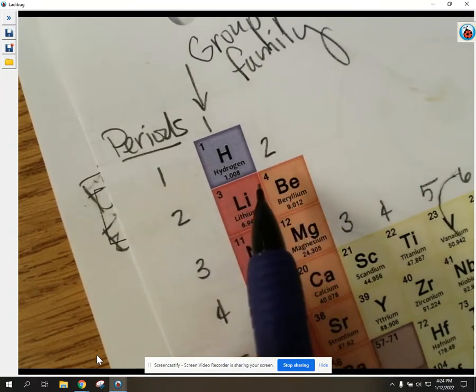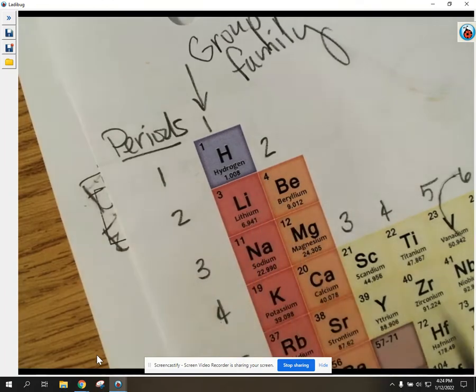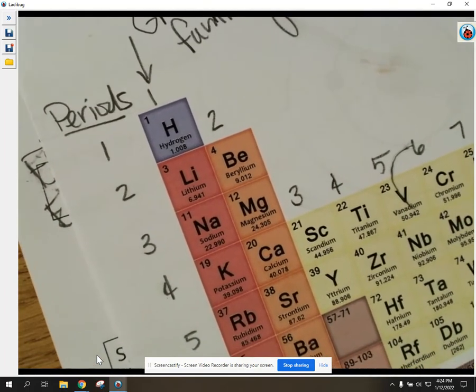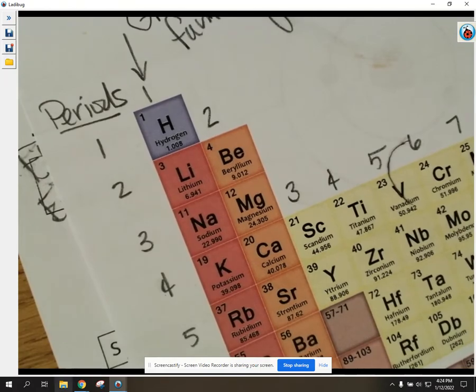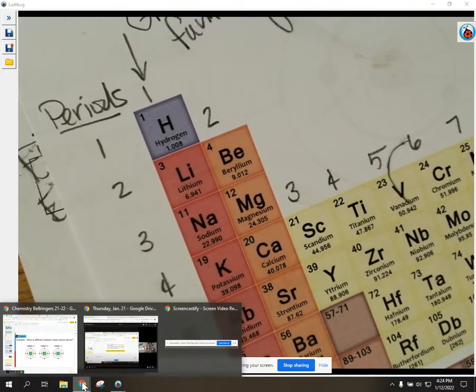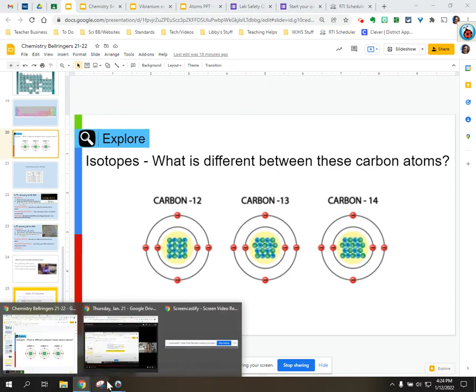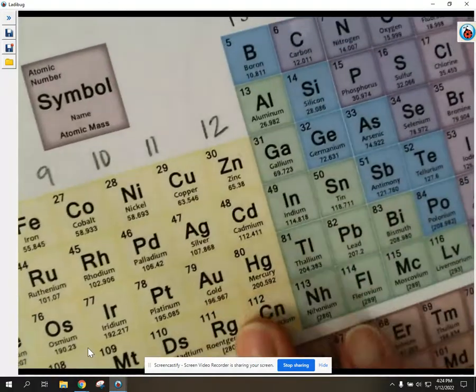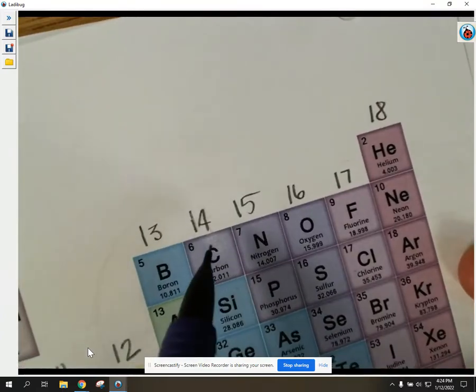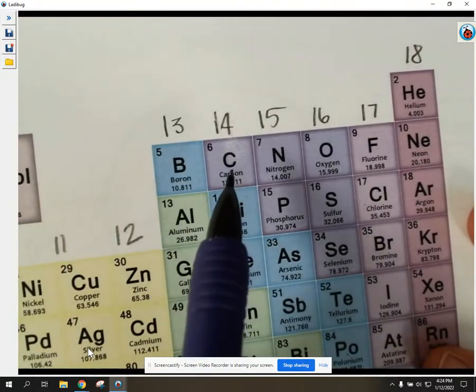If something has 4 protons, it's beryllium. It cannot change. But the number of neutrons is not necessarily the same in all forms. So as we just said, the number of protons can't change, so carbon is always, 100% of the time, going to have 6 protons.